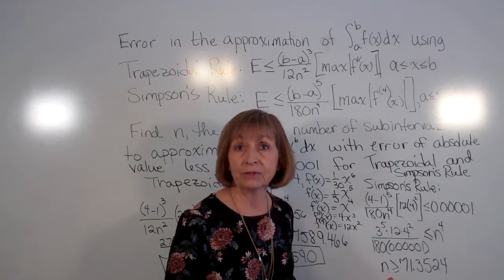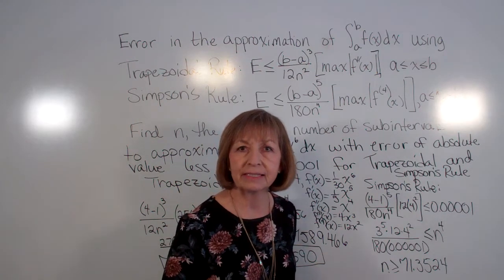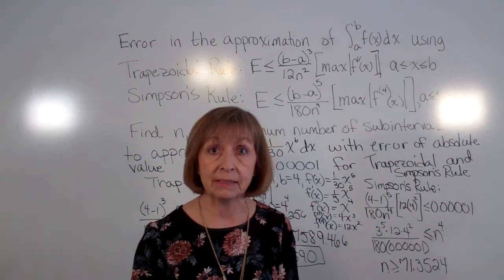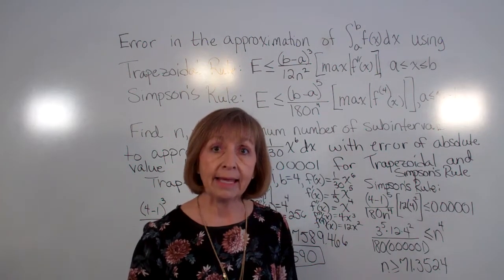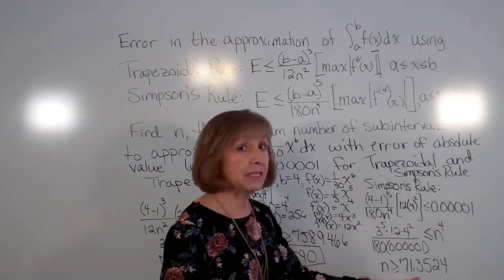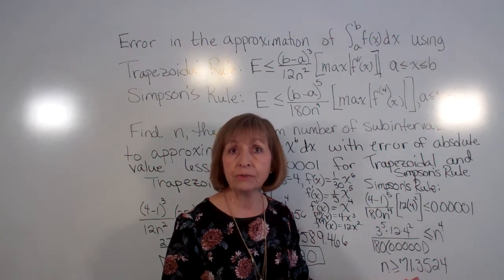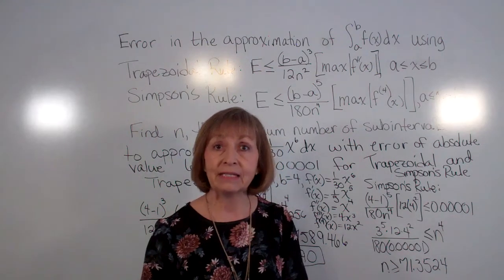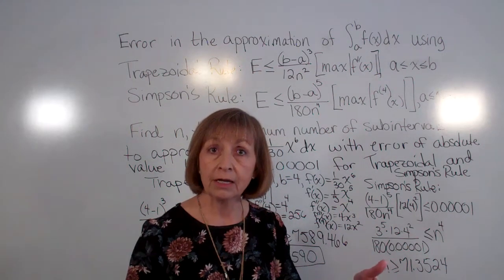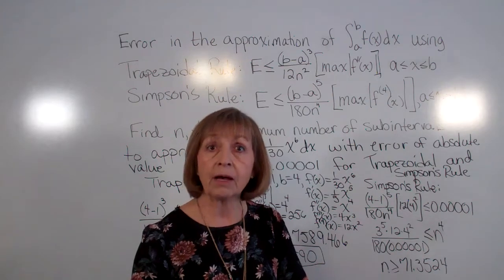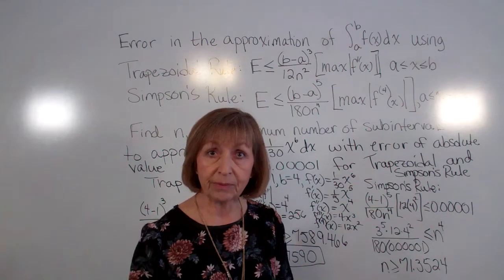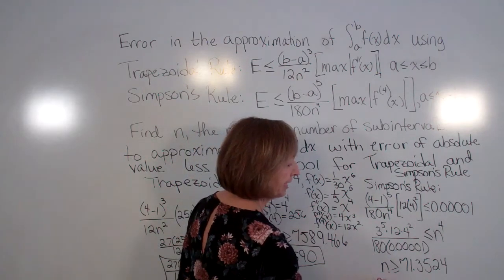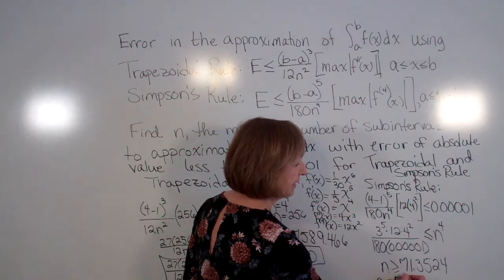But again, we need to round up. And for Simpson's rule, you have to round up to the next even number. Simpson's rule, your n has to be even. This rounds up to 72, which is even, but if you had something like 70.04, you would still have to go up to 72. Your n has to be even for Simpson's rule. So we take n equal to 72.